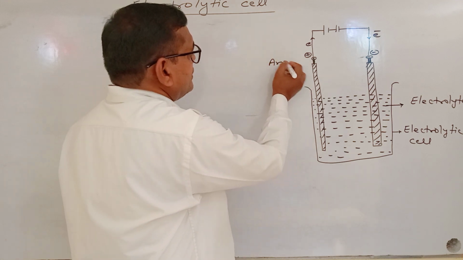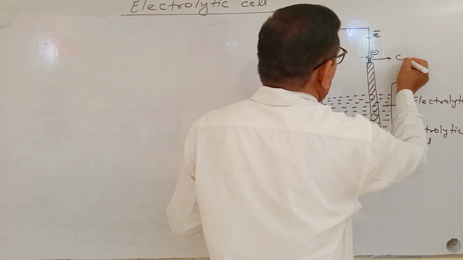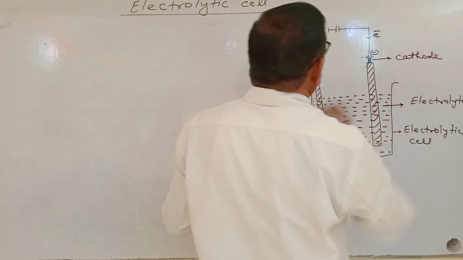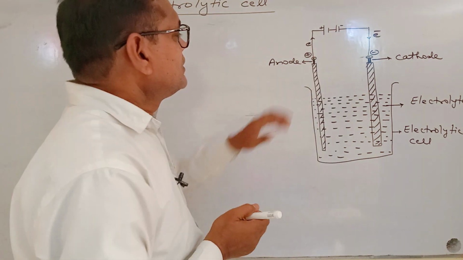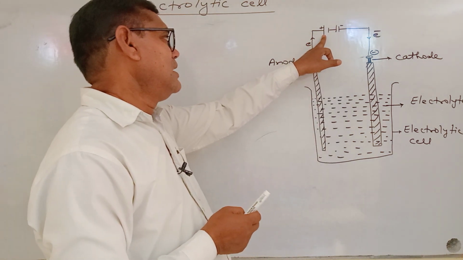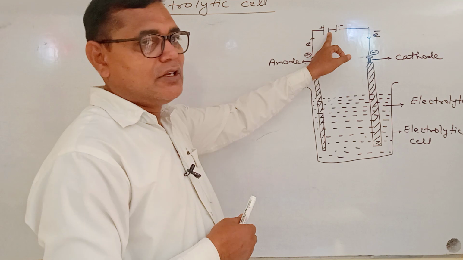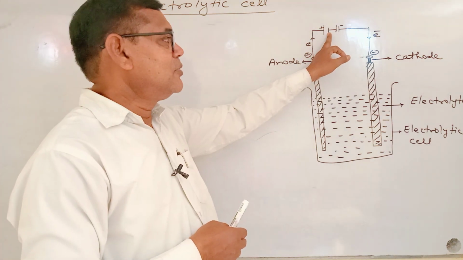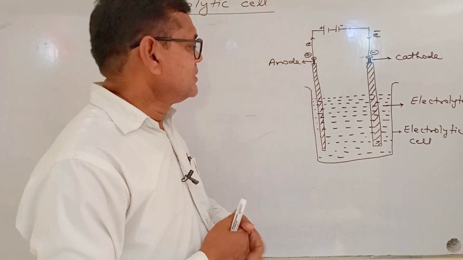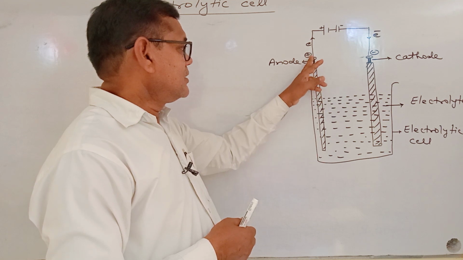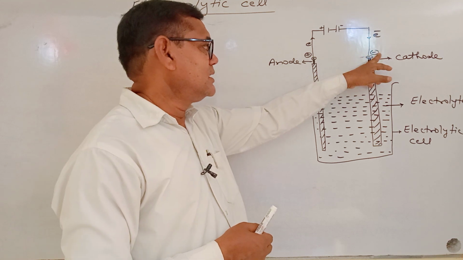It is an anode, and it is a cathode. A long line indicates the positive pole of the battery, and a small line indicates the negative pole of the battery. Anode is positive charge and cathode is negative charge.